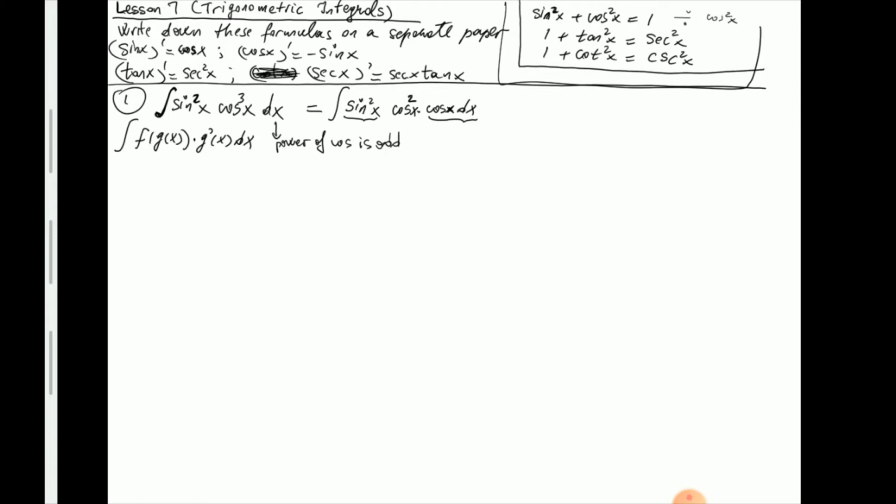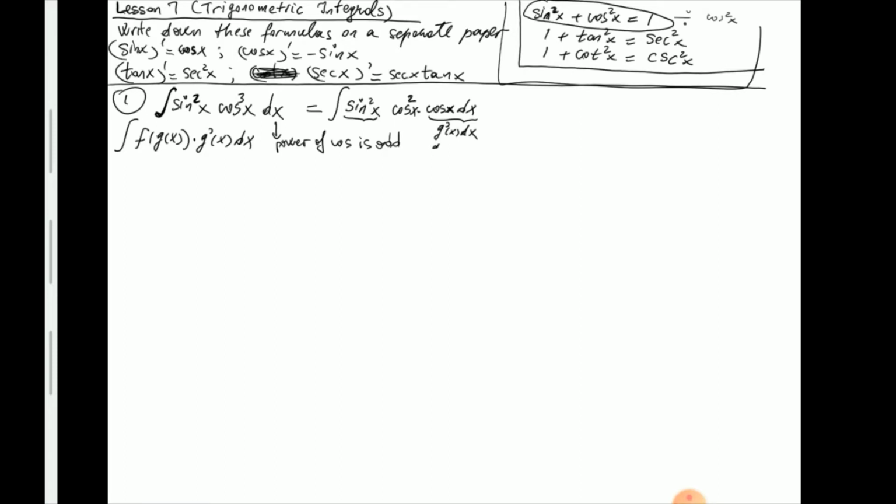And the remaining cosine, because the power of cosine is even, then I could use this identity, the first identity, to write everything in terms of sine of x.